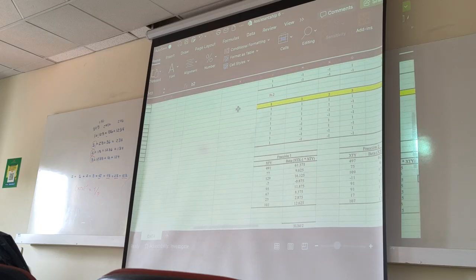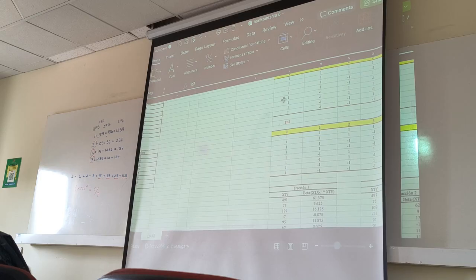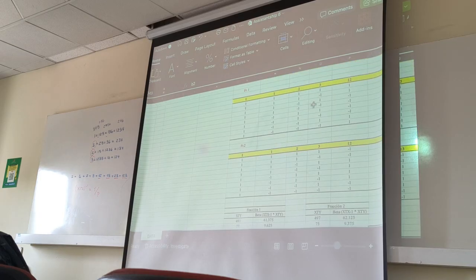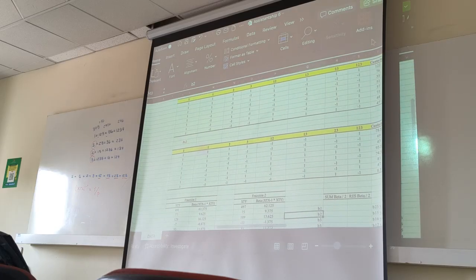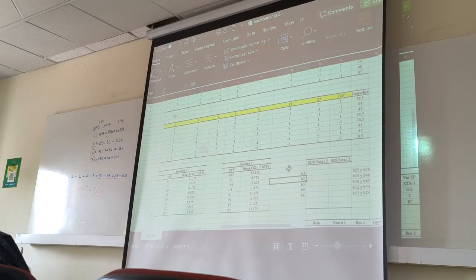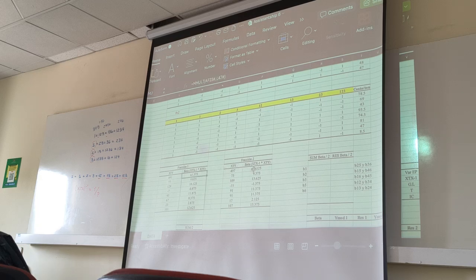So each fraction is connected with each generator, okay? And with each y value, okay? So, as we get different parameters for the same model, we must make like an average and a difference between these ones.